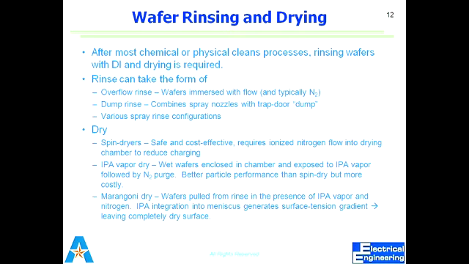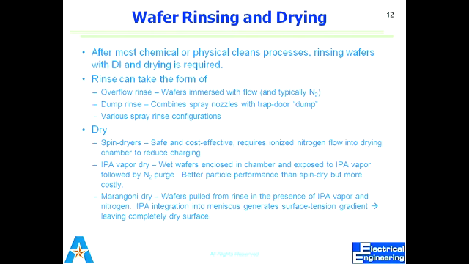The second process is dump rinse. This is also very similar to the overflow rinse process, with a minute difference. First of all, you don't fill up the chamber with DI water before you put in your wafers.